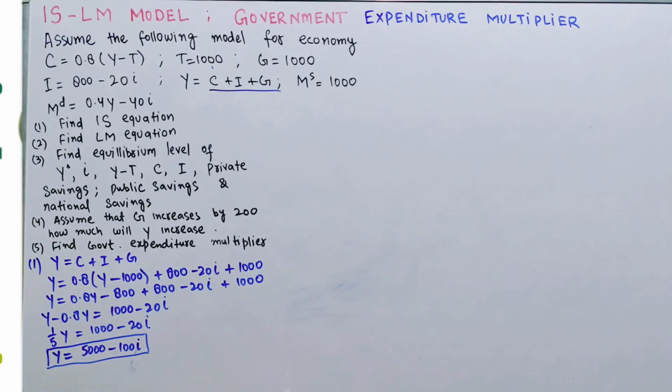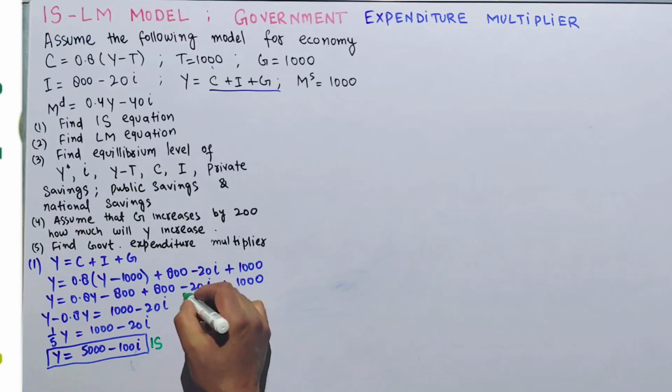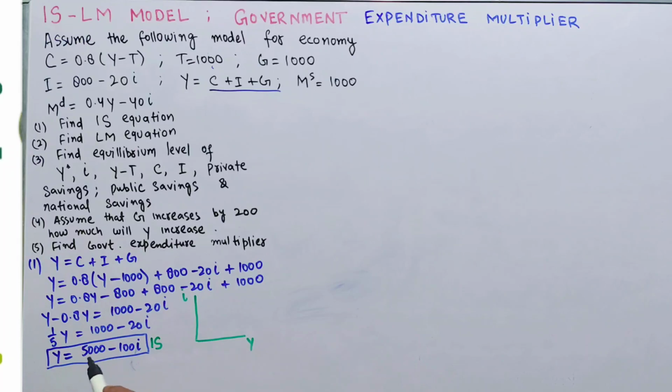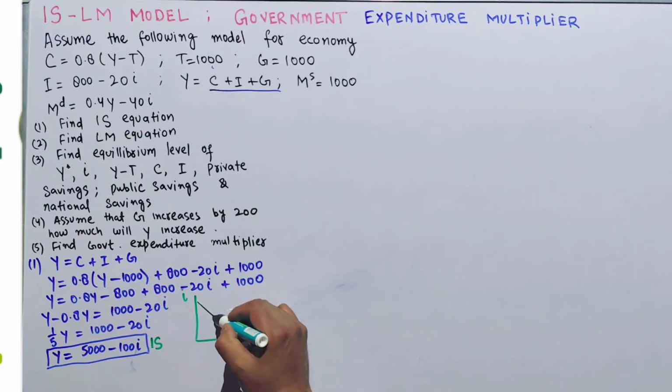Okay, let us see what exactly the IS equation is. If we have the level of income on the horizontal axis and the interest rate on the vertical axis, you can see we have a negative slope, so our IS equation will look like this.